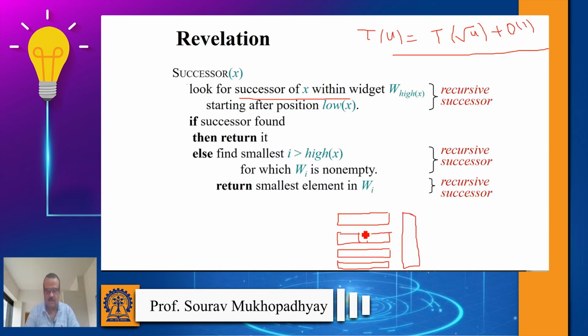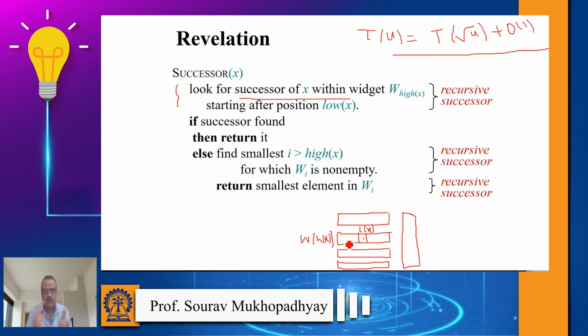So this is our widget w of high of x, and this is our low of x. What we are doing in the first step is looking for a successor after this position in this particular subarray. So for that, this is also a successor call.